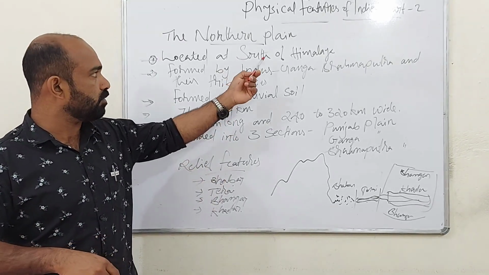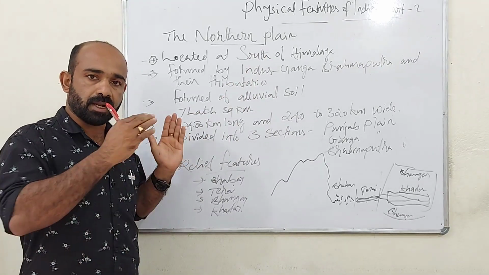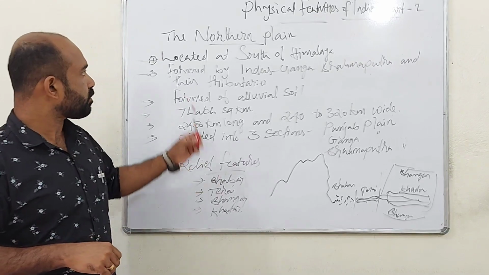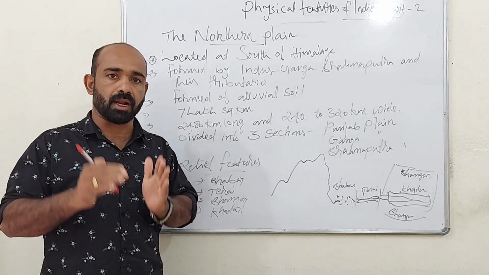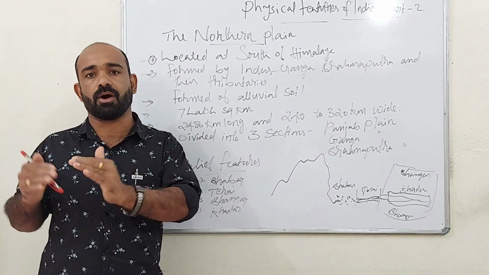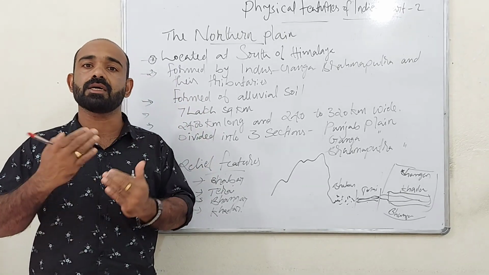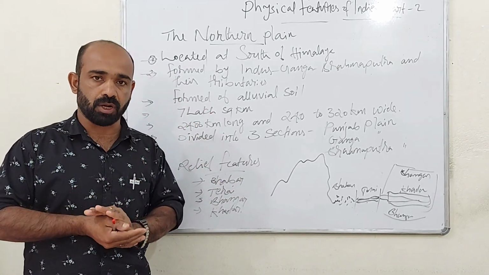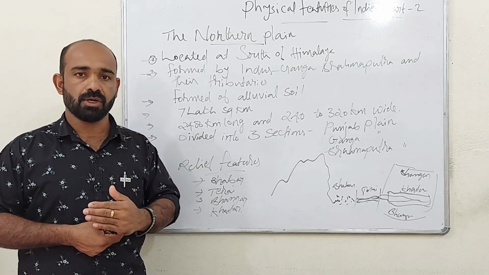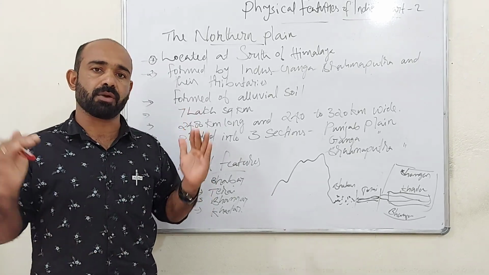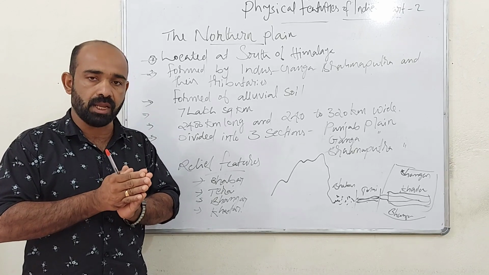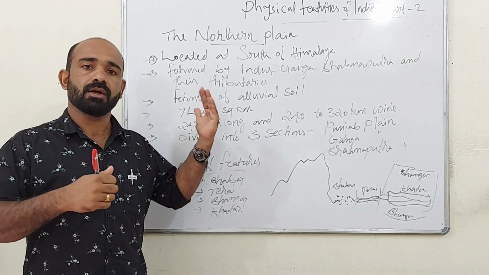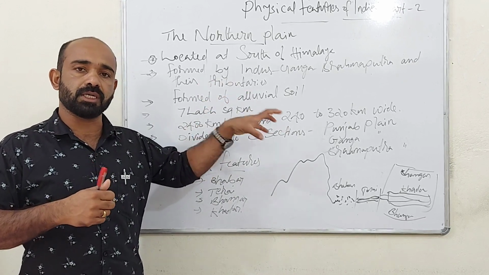South of Shivalik, the Great Northern Plain is spread, and it is formed mainly because of the interplay of three major rivers and their tributaries: River Indus, Ganga, and Brahmaputra. Because of the formation of the Himalayan mountain, at the foothill of the Himalayan mountain, rivers deposited sediments.